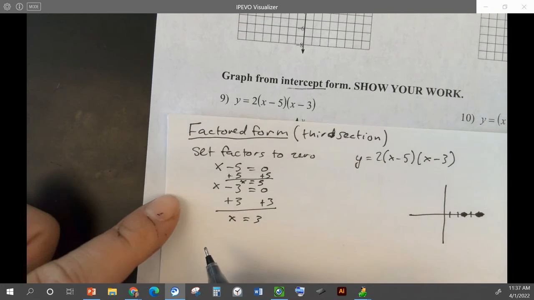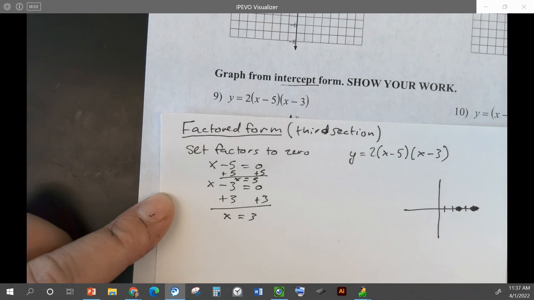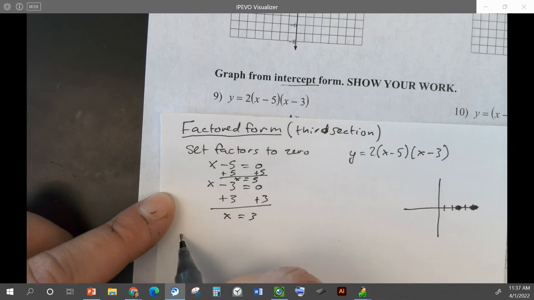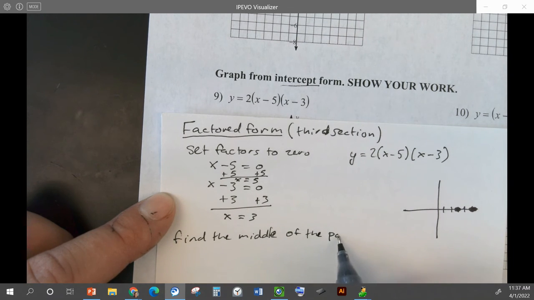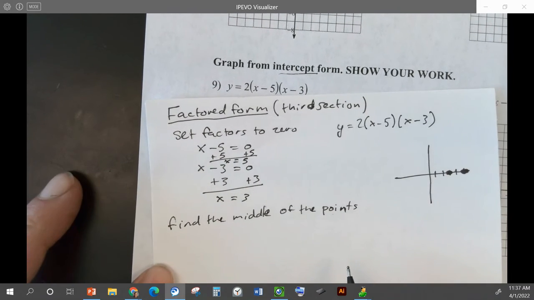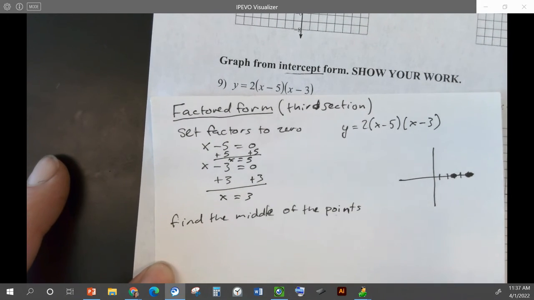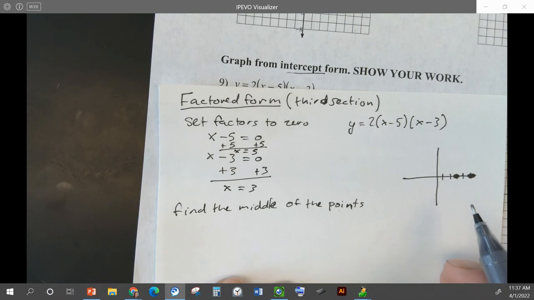All right. Do you remember what to do after this for these types? So the next thing that we need to do is find the middle of the points. So every parabola has an axis of symmetry.